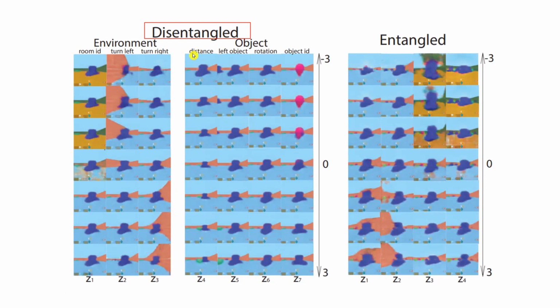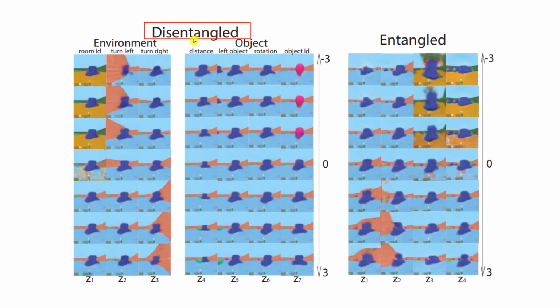But this one is more obvious. The distance looks a lot more obvious. You can see it's big at first and smaller and smaller when you zoom out. And for example, object ID is turned from a balloon into a hat, something like that. So it's able to specifically target specific features with this rectangle.